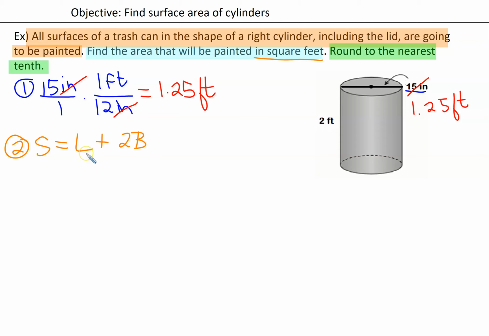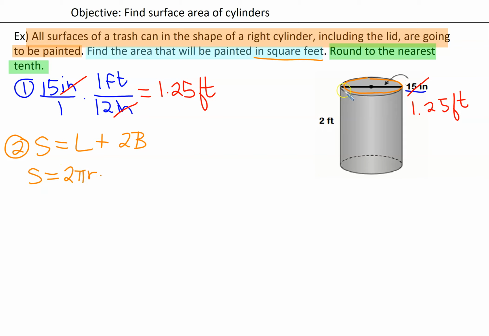So remember that lateral area is a rectangle. Area of a rectangle is length times width. The thing is, the length of this rectangle, or you could think of it as the width, whichever you prefer, is the circumference of the circle. And circumference is calculated as 2 pi r.